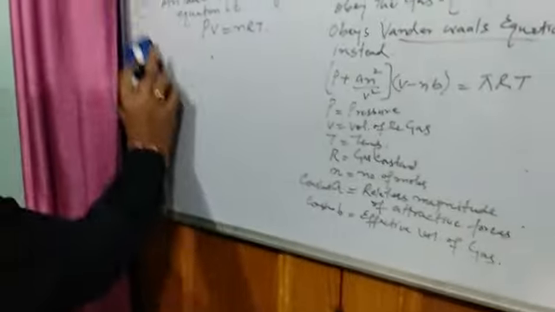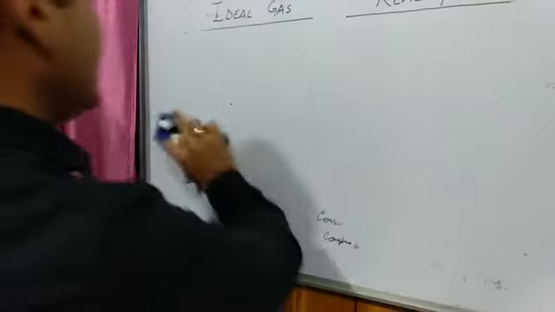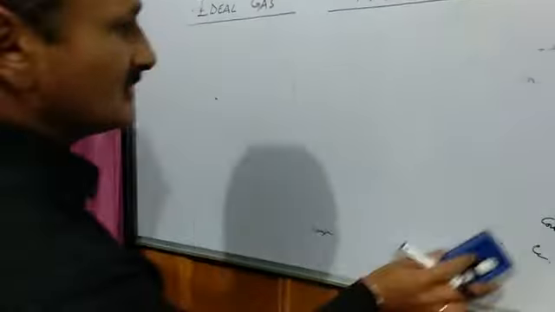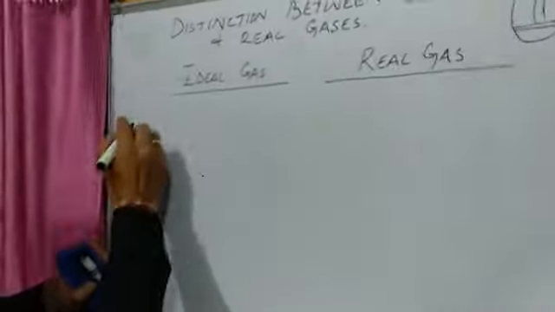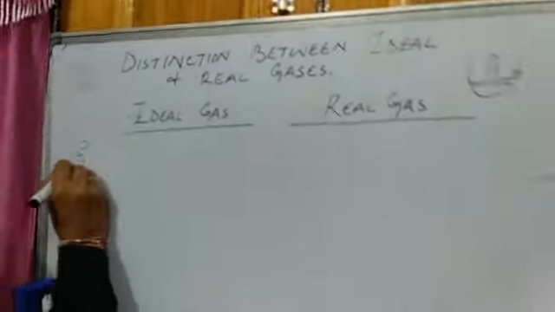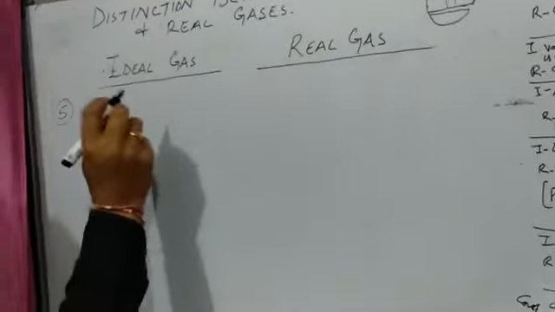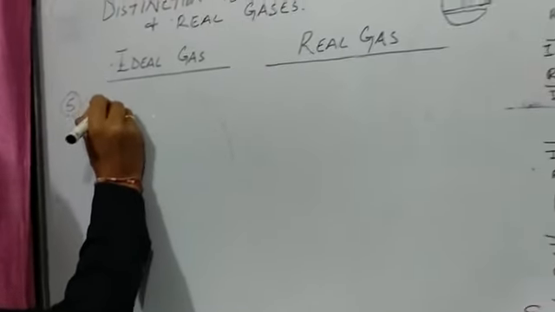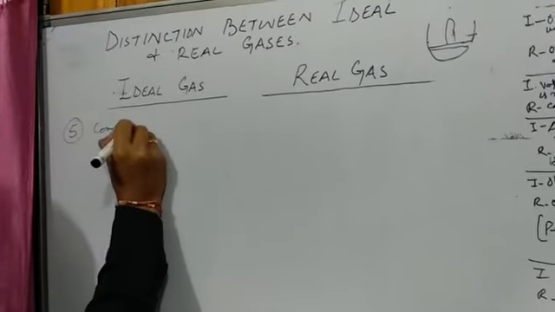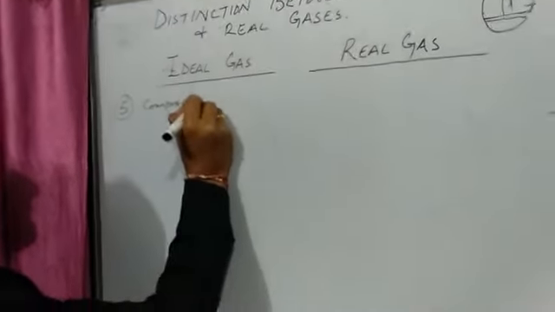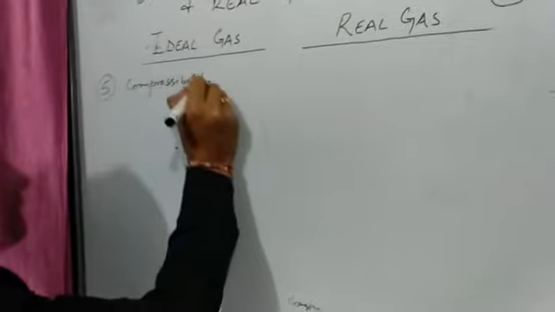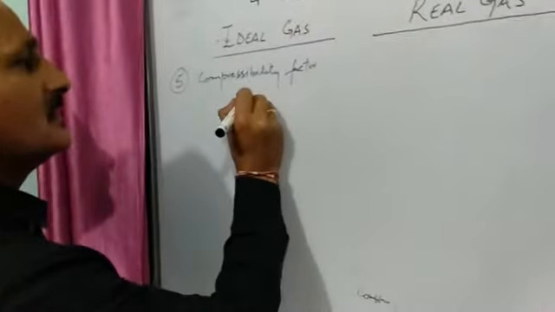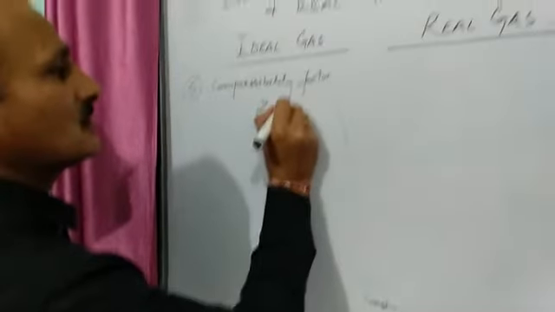Now coming to one more difference between ideal gases and real gases, and the difference is the compressibility factor. In the case of ideal gases, the compressibility factor, which is denoted by Z, is always equal to 1.